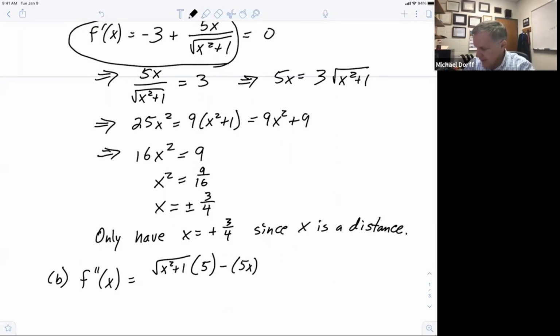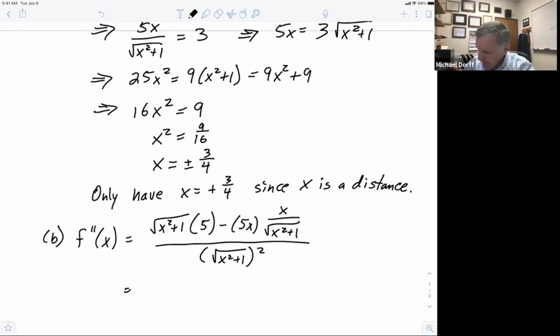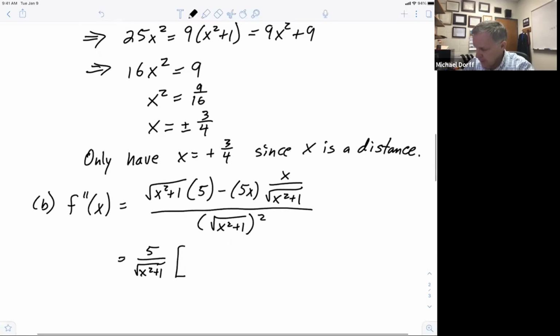The derivative of that is going to be x over square root of x squared plus 1, all over the denominator squared. Now I'm going to factor out a 5 over the square root of x squared plus 1, because that'll allow me to make things simpler in the numerator.